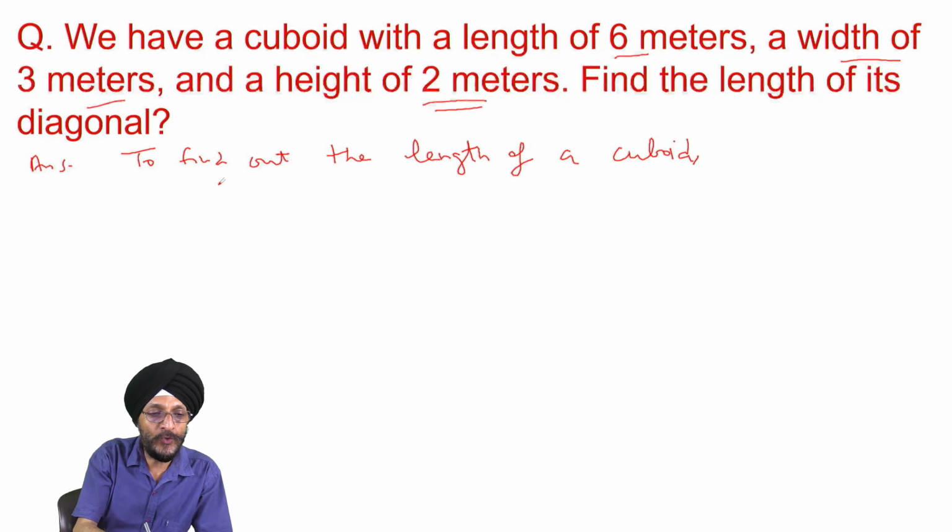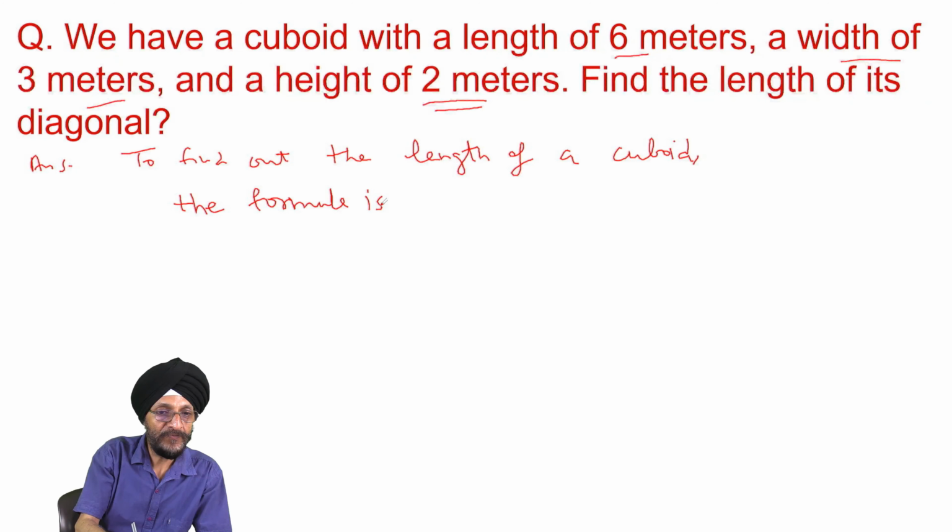The formula we use to calculate the diagonal is: under root length square plus breadth square plus height square.